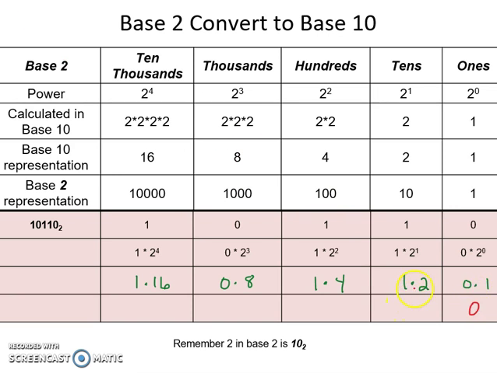So this is 0, 2, 4, 0, 16, and we add these together so that in base 10, we get 16 plus 4 is 20 plus 2 makes it 22 base 10.